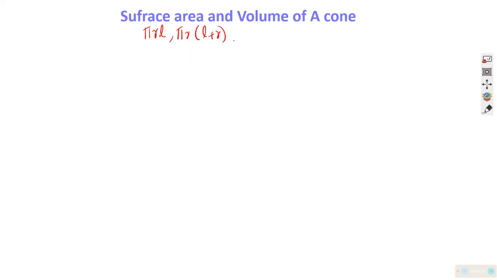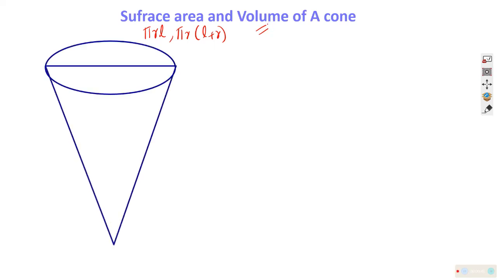That you understood. Now regarding volume. Whenever the term volume comes, naturally it comes to our mind that it is space, or how much water can be filled, how many litres, cubic centimetres, cubic millimetres. So we'll take a cone first, with some kind of an activity so that it will be easily understood.